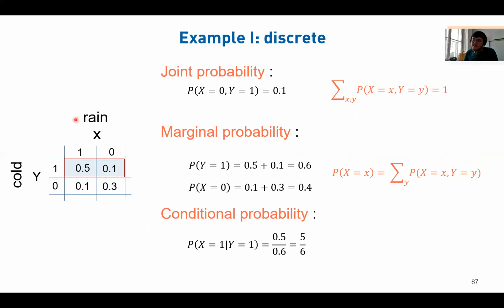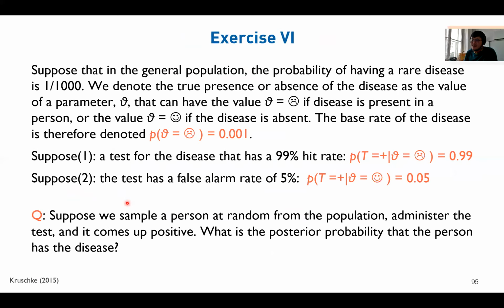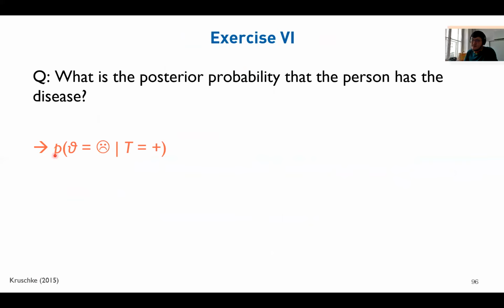Here, this is the disease, yes or no, so sad face and happy face. Here are the tests, either a positive or a negative result. Not every number is given, but you can calculate each cell. Then you can finally get the probability of having the disease given the test is positive.